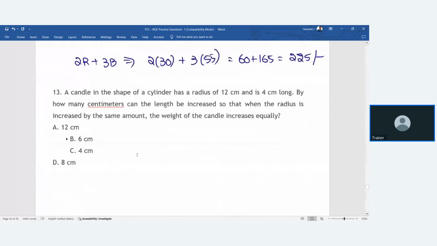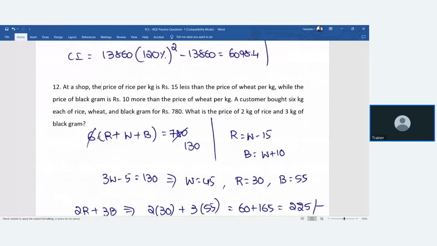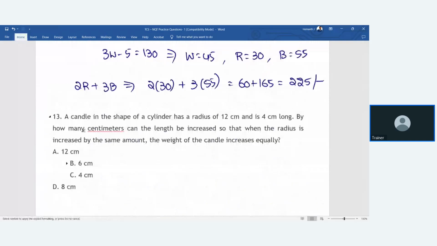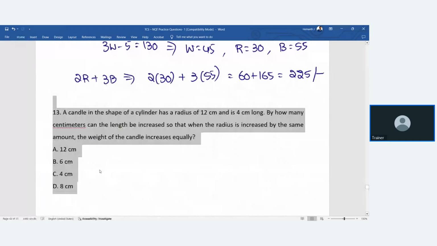Radius 12 centimeters and length is given as 4 centimeters long. Fine.